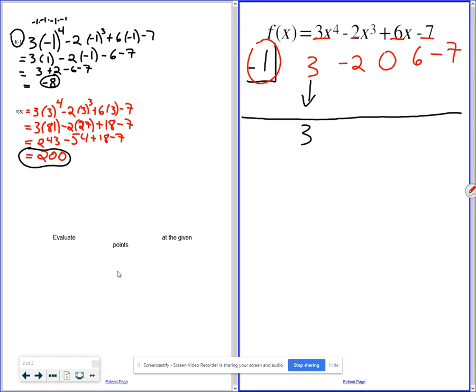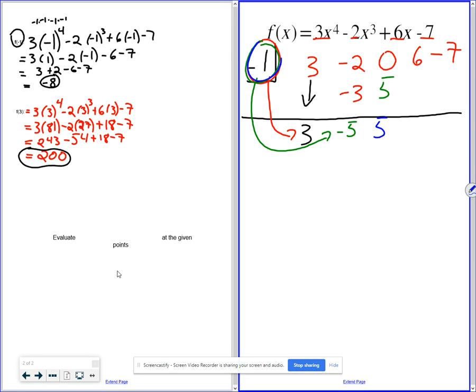Now we'll take -1 times 3, which is -3. We add our terms together, so -2 minus 3 is -5. -1 times -5 is +5, and then 0 plus 5 is still +5.